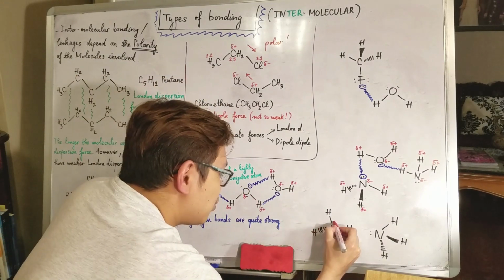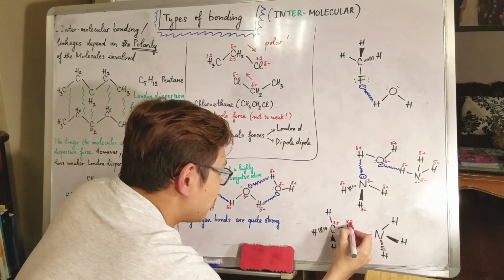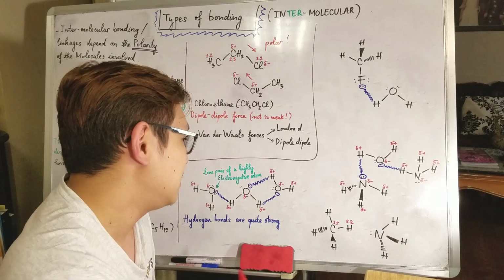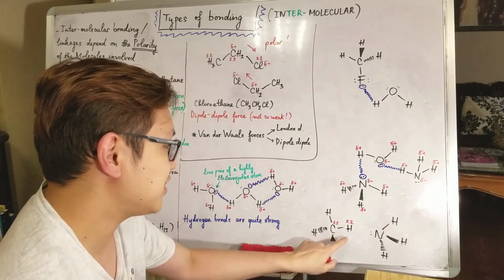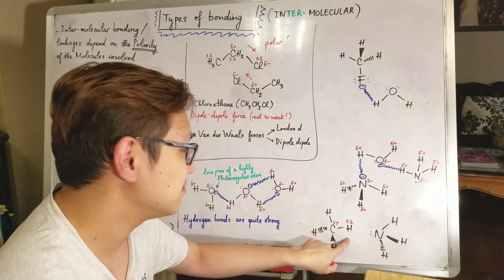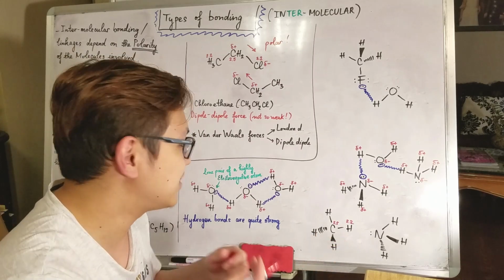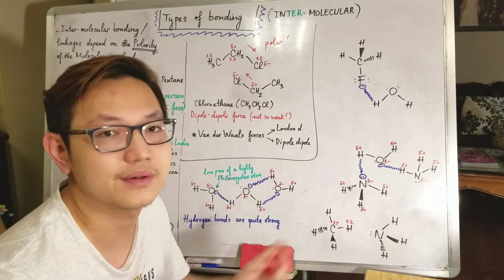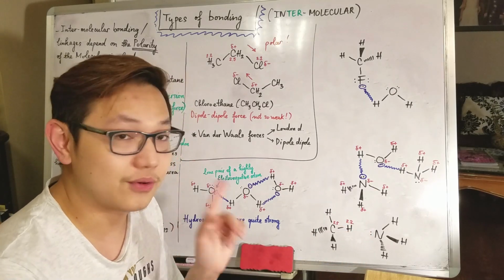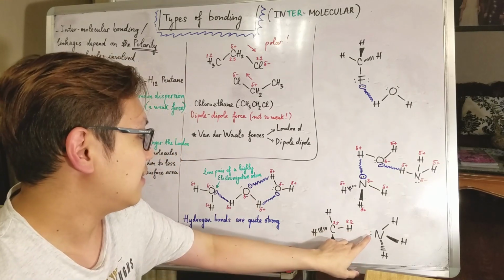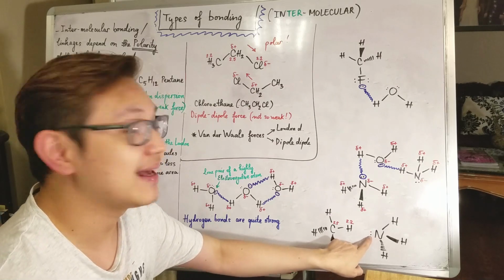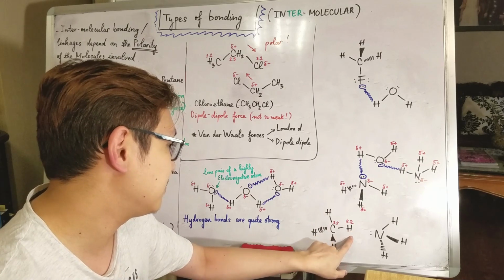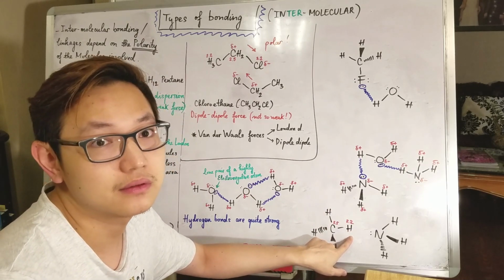Because this one is 2.5, this is 2.2, which is not polar enough. So this hydrogen is not partially positive enough. It's not attractive enough to form the bond with this lone pair, okay? Therefore, the lone pair of this nitrogen cannot form the hydrogen bond with this methane molecule, which is nonpolar.